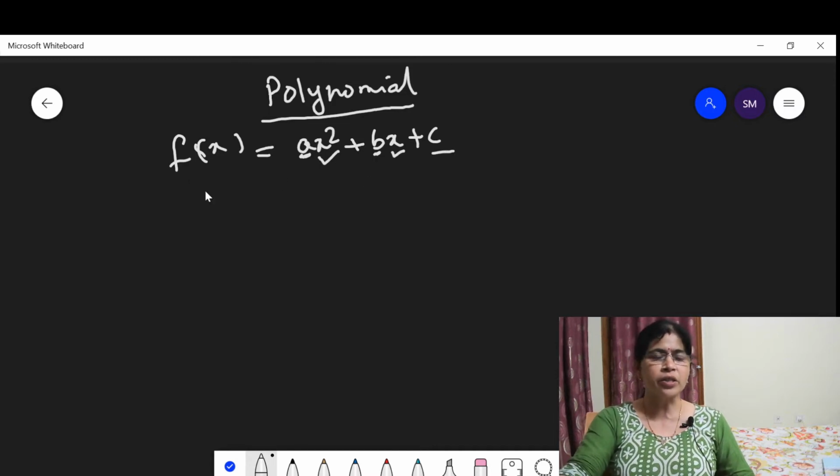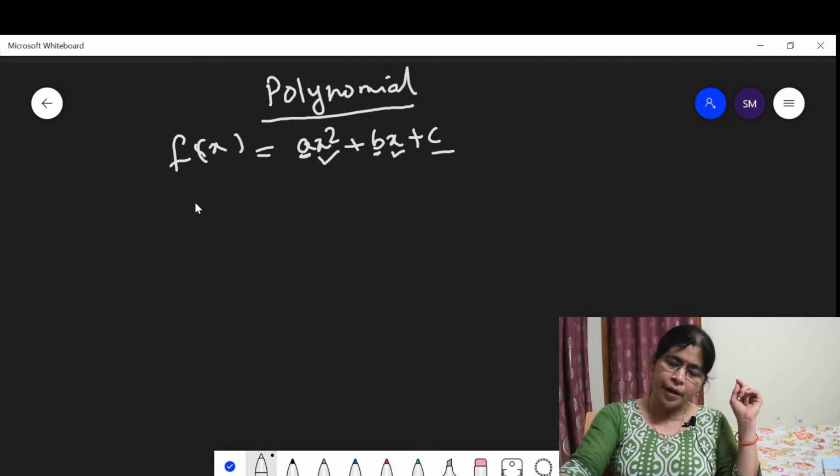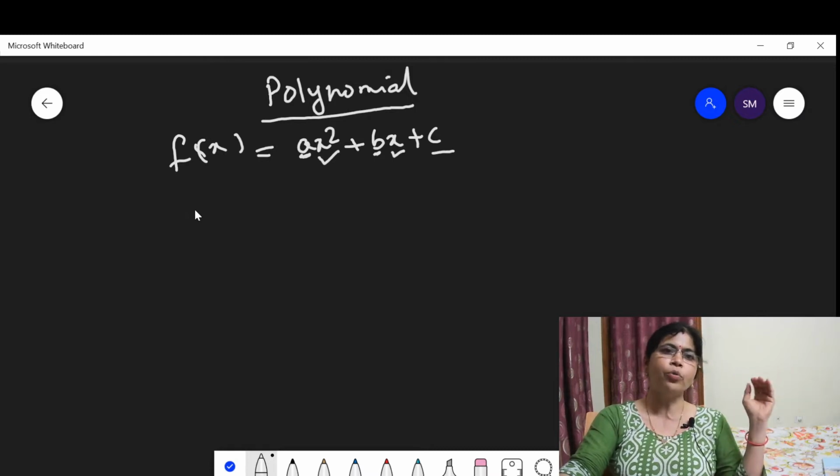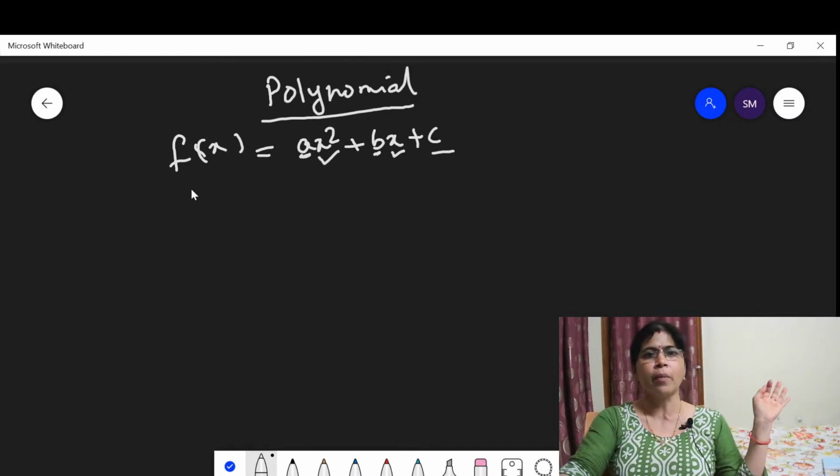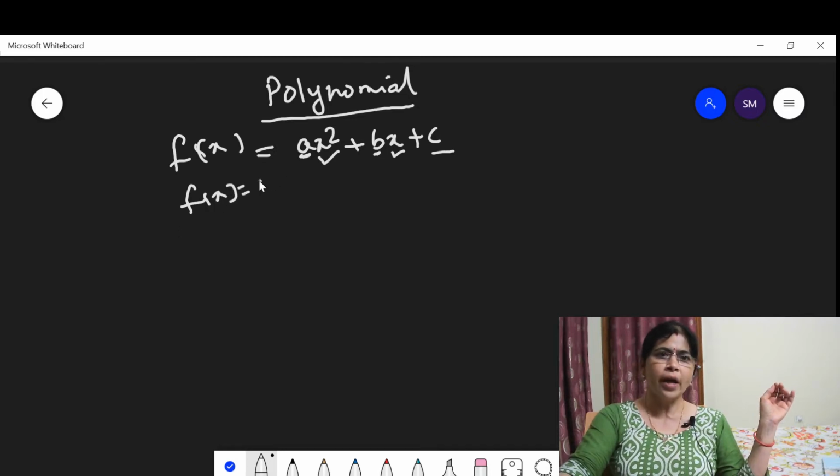Now, in my last class we discussed what we mean by zeros of a polynomial. Zero of the polynomial means that f(x) is equal to 0. Suppose f of alpha is 0, this means f(x) is 0 at x equal to alpha.